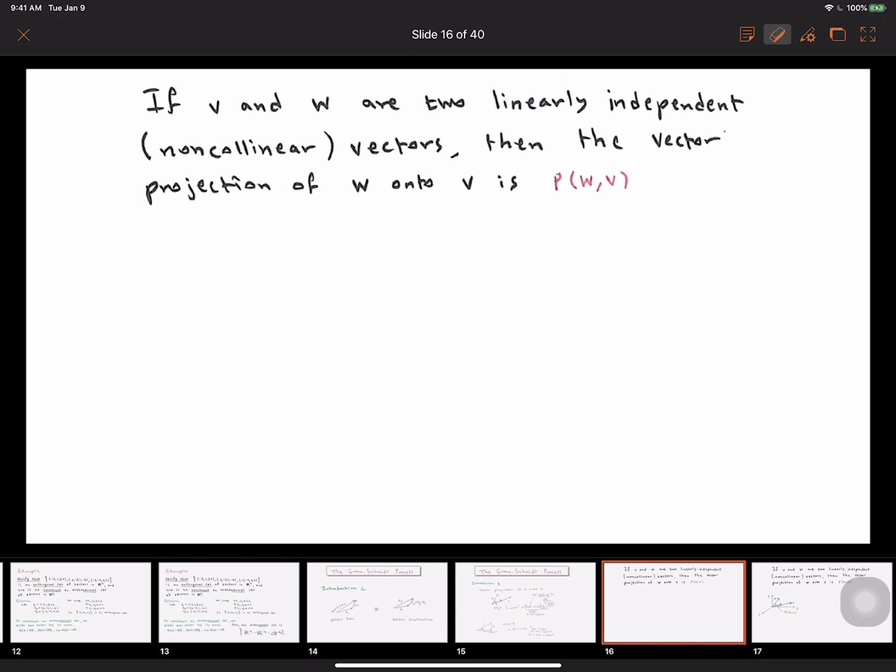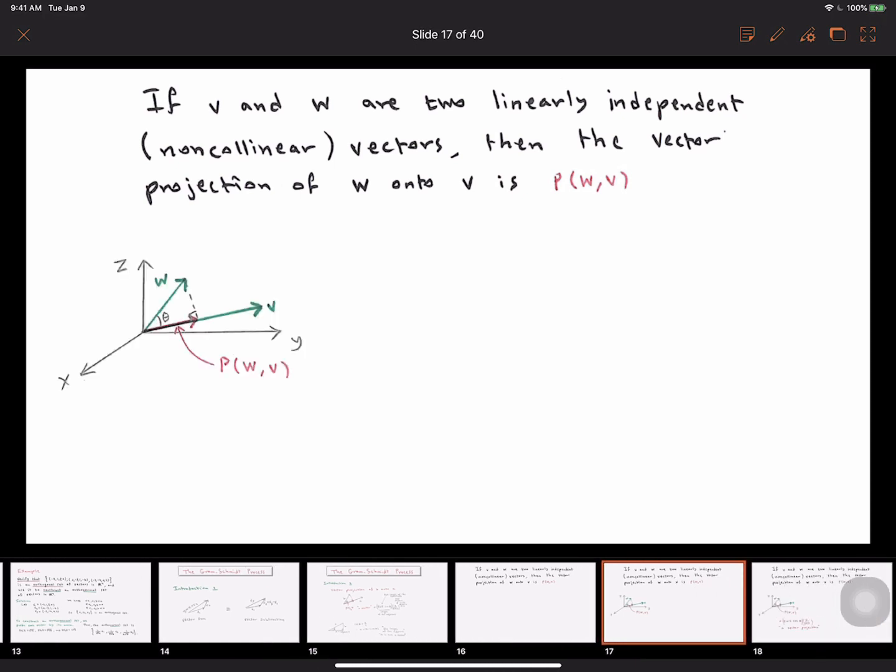So I have two vectors that are linearly independent, which means they're not proportional, they have an angle between. But what's interesting is we're gonna build two perpendicular vectors instead of just having a random angle.